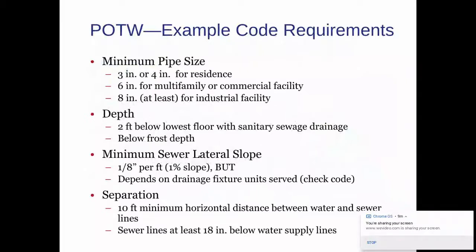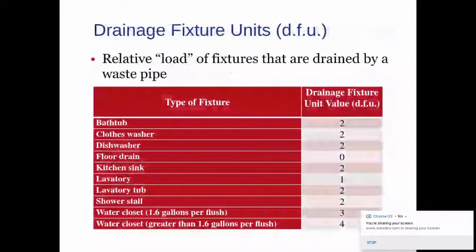And then you want sewer lines at least 18 inches below the water line. Again, if a sewer line breaks, that will flow down. And if the sewer line is above the water line, then again, the water line can be contaminated. So nowadays, they definitely want water and sewer separated as much as possible. It's not always the case in older construction before a lot of these codes took place, but that's what the standard is nowadays.